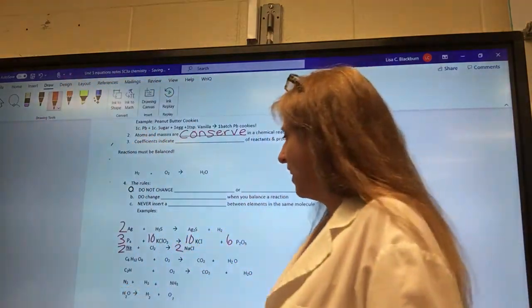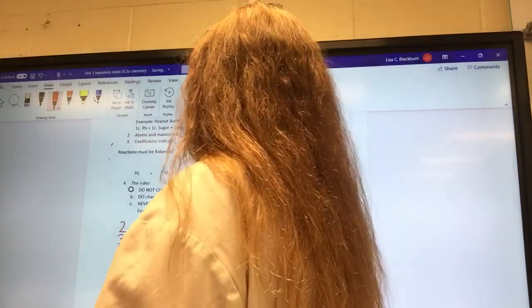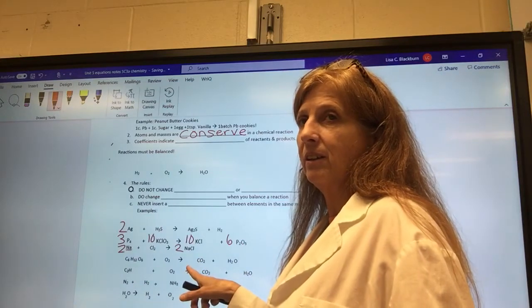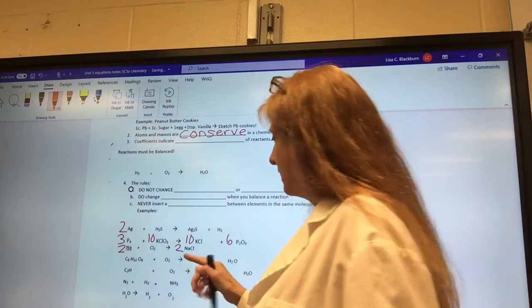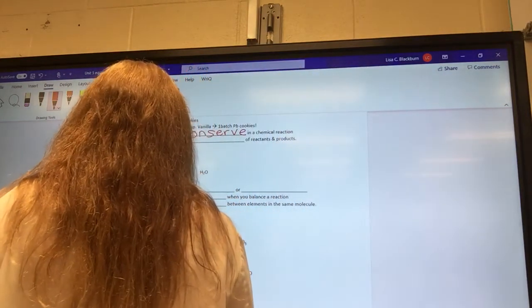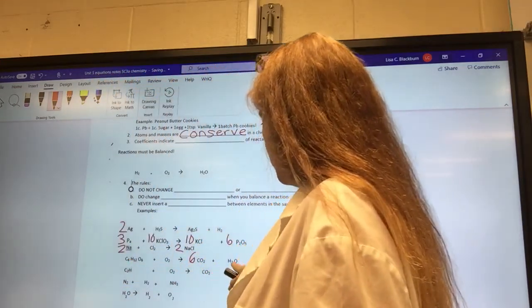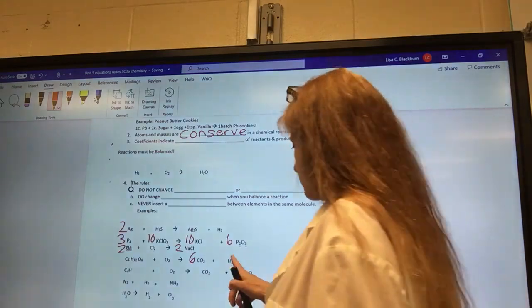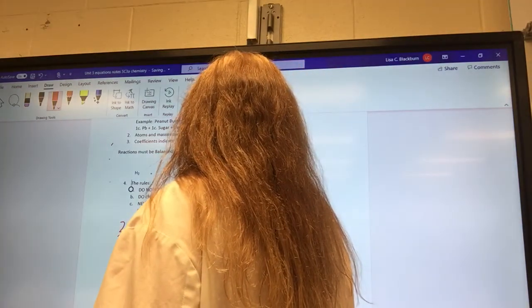Is this going to be easier than the last unit? Okay. All right, so let's try this one. 6 carbons, 1 carbon. So what do I need over here? A 6. 12 hydrogens over here, 2 over here, so what do I need? A 6, because 6 times 2 is 12.